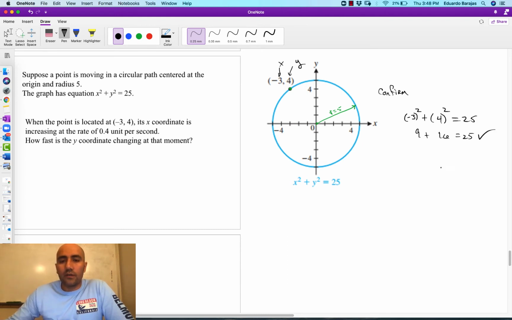Yep, that's true. So any point that's on this curve, any value (a, b) that's on this circle, must satisfy the equation. That's what this formula represents.